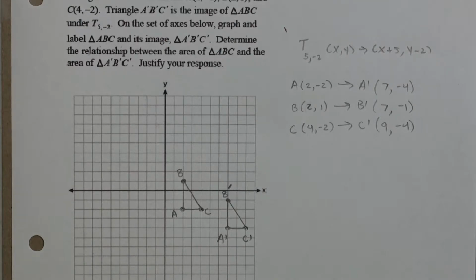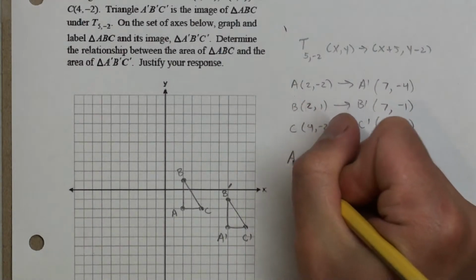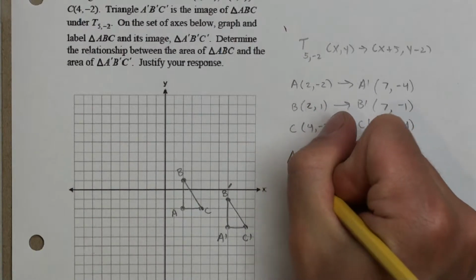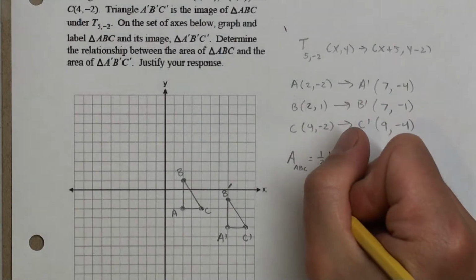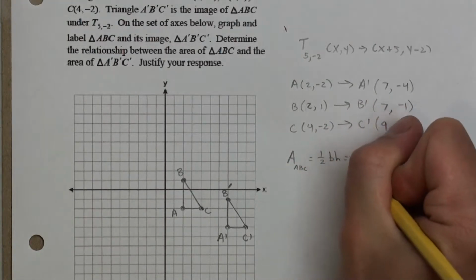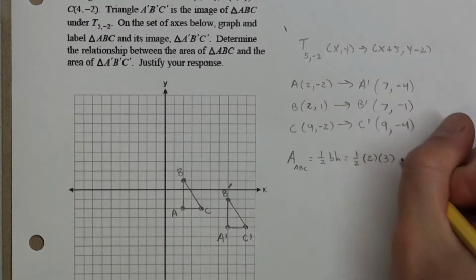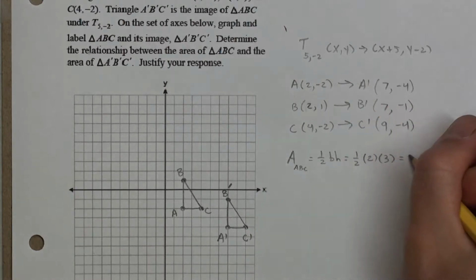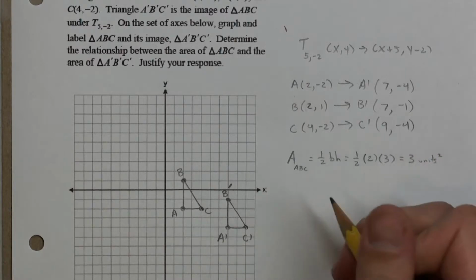Now, what else? Determine the relationship between the areas and justify your response. So, the area of ABC equals 1/2 base times height, which equals 1/2 times the base, 2, times the height, 3, which equals 3 units squared.